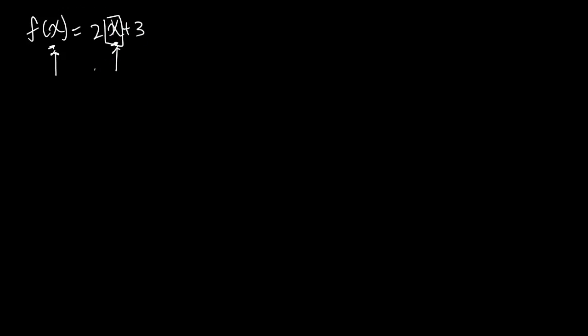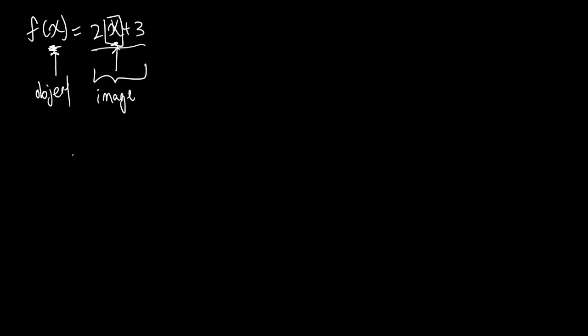So this 2x plus 3, the whole package, we call it the image. Single x, object. Whole package, image. We can imagine a function as a machine, in which if we put in x as an object, we will get back 2x plus 3 in the end, which is the image.